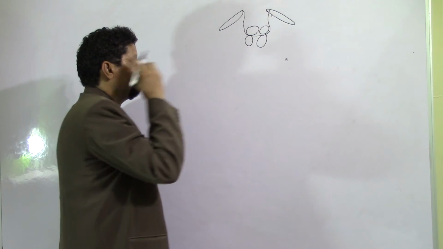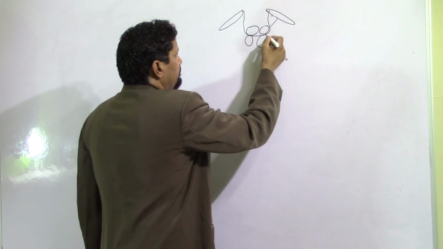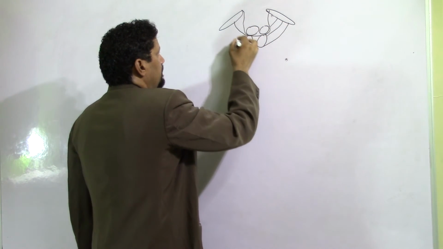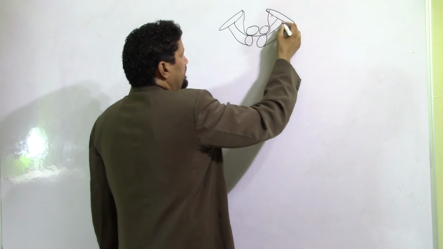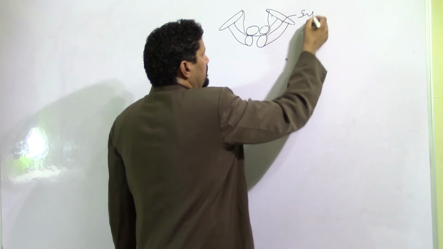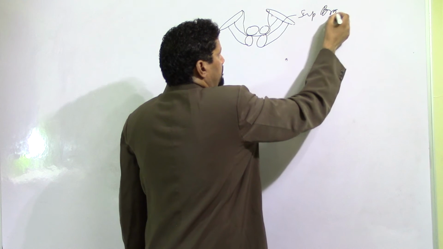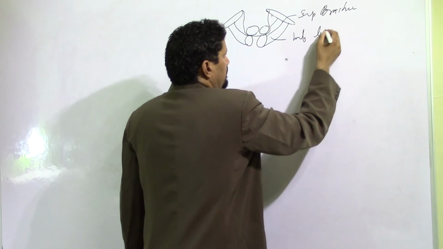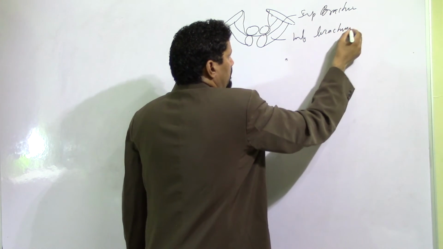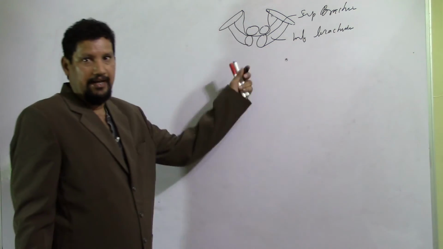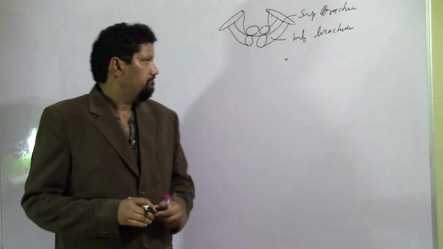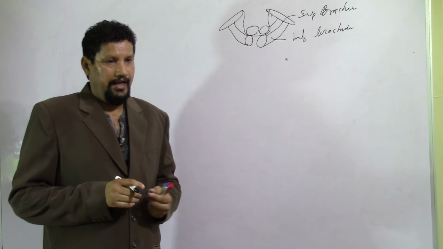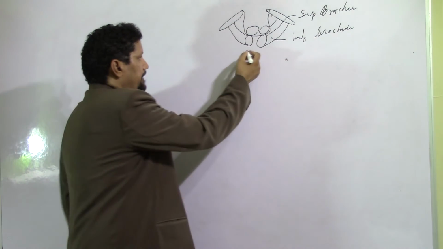These are connected to the superior brachium and inferior brachium. Brachium means arm. So there are arms in the visual and auditory pathway.